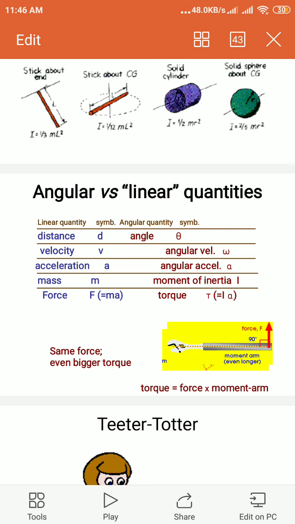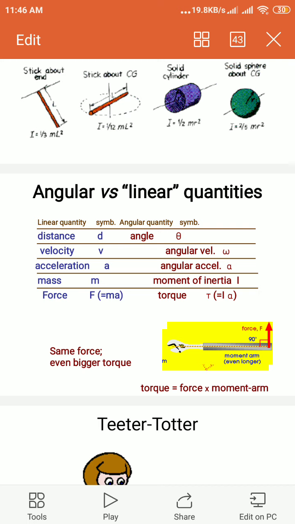So when you have rotational motion, the force exerted to move it in rotation or angular motion will be I into alpha: the moment of inertia of the material and the angular acceleration of that material moving in rotational motion.